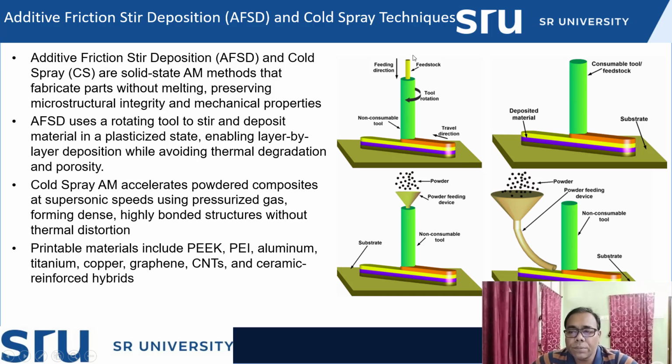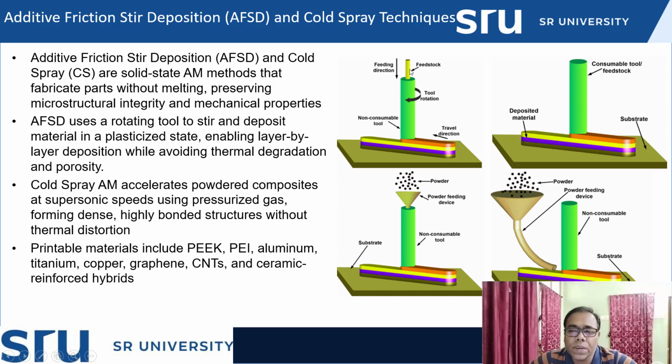In the tool itself, feedstock will be supplied. This feedstock will also be rotating, and because of the friction, the material will be melted and deposited along the path, and layer upon layer building will take place.